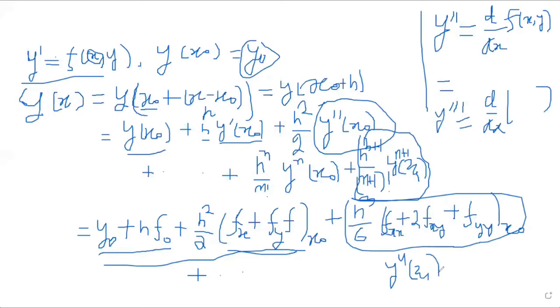Am I right? So what is the beauty of this approach? The beauty is that we can generate a method based on Taylor's approach with desired accuracy. Suppose we generate a method keeping 2 terms, and then we compute the approximate solution, and we feel that it does not have the desired accuracy.